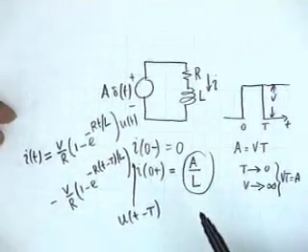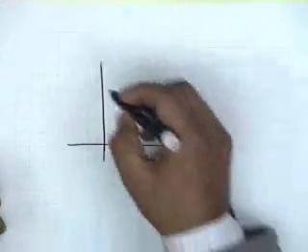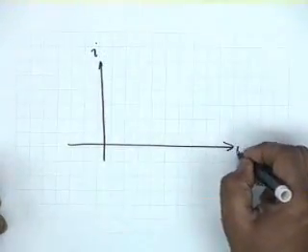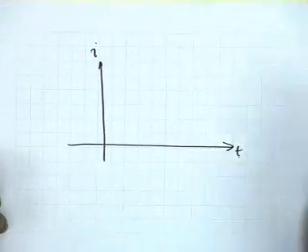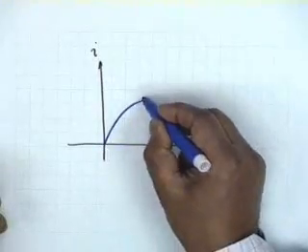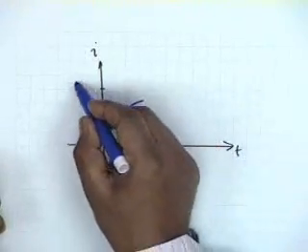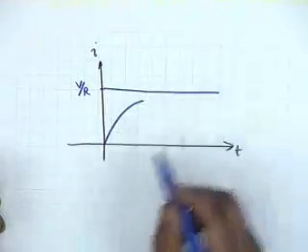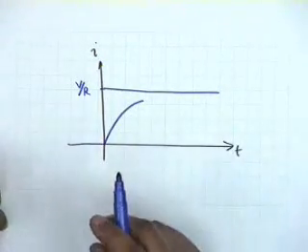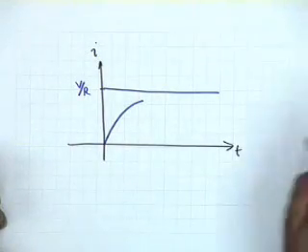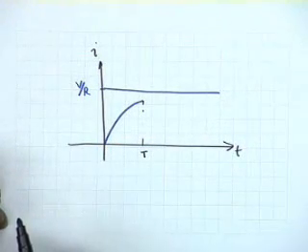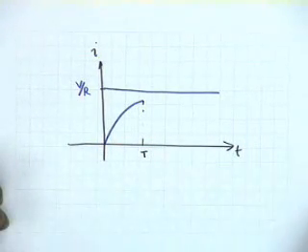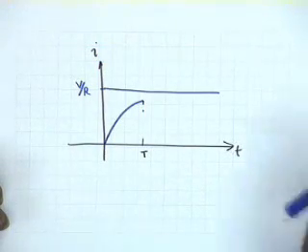Now if I plot the current I versus t, the current rises like this, and it would have gone to V by R if it was allowed to, but at small t equal to capital T, the negative step comes into effect, and therefore the current gradually diminishes.